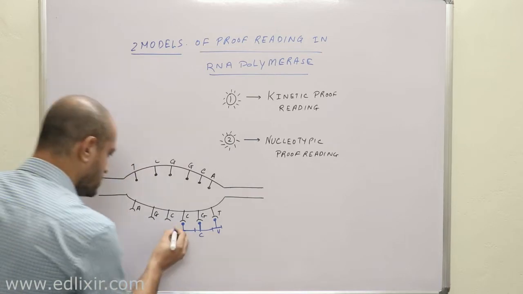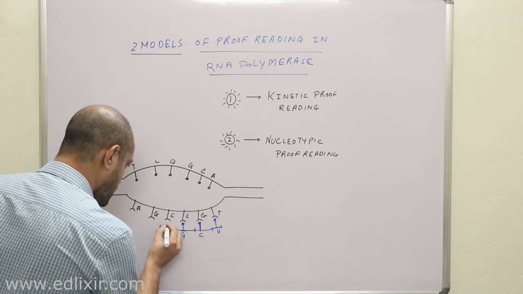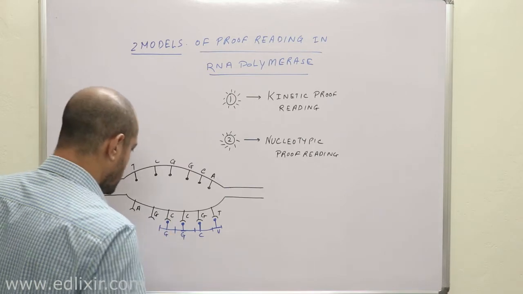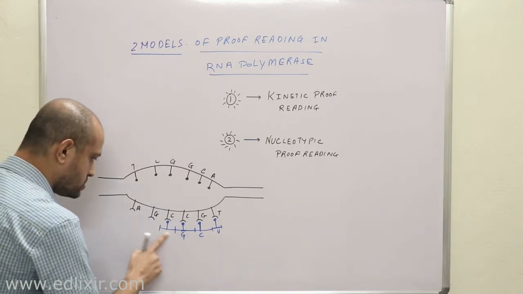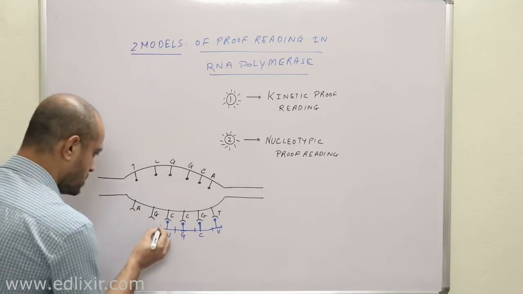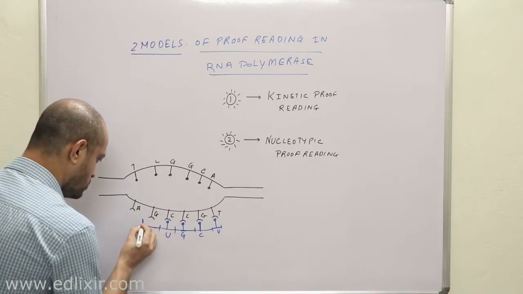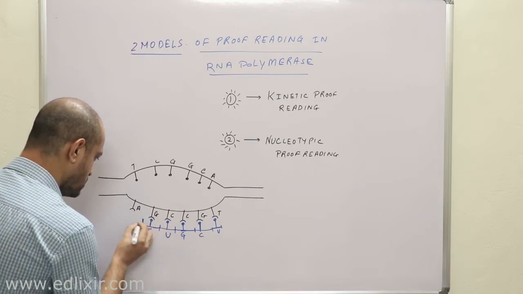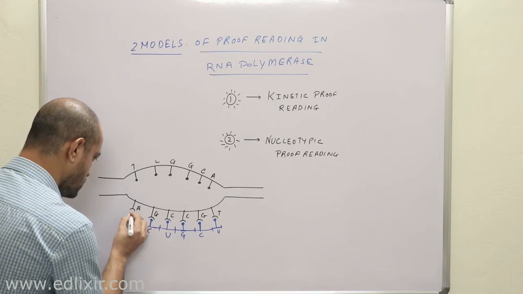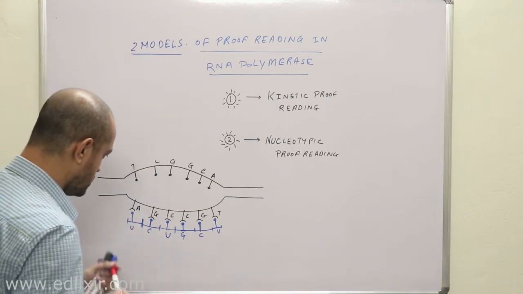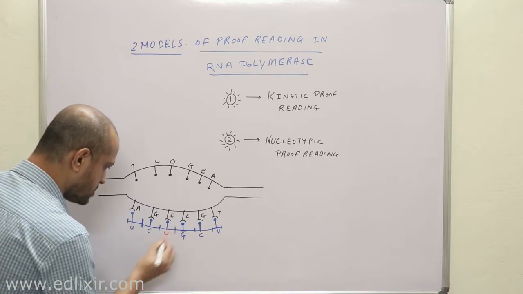G, this is another RNTP, what is this? G. Now instead of G, suppose RNA polymerase has entered U, and it has gone to this section, okay? What is this? C, U, right? Now listen. So this is an error.